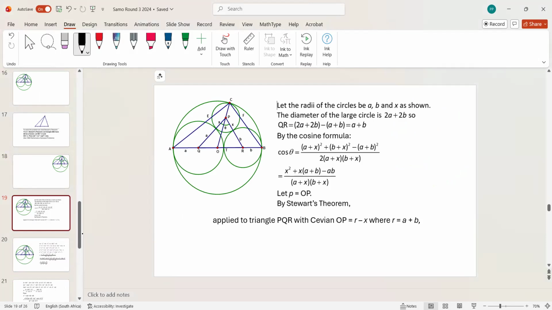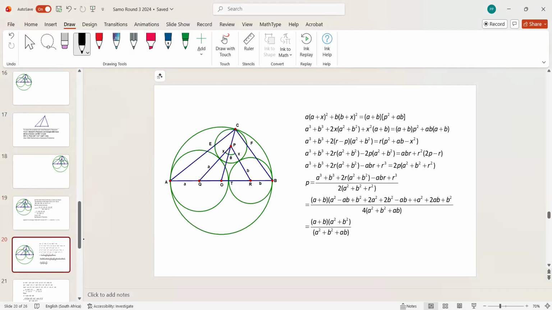And I call P equal to OP, as you can see. And then, so this is where we made all these terrible calculations. And I got P, you can see P is the same as what I calculated. There it is here, P is equal to this.